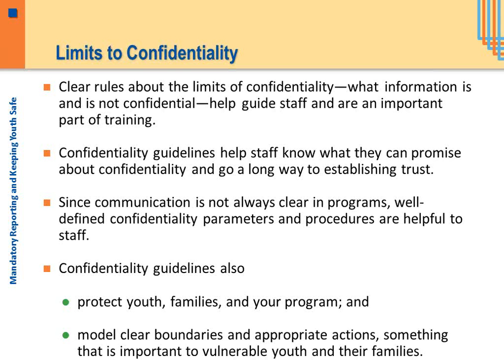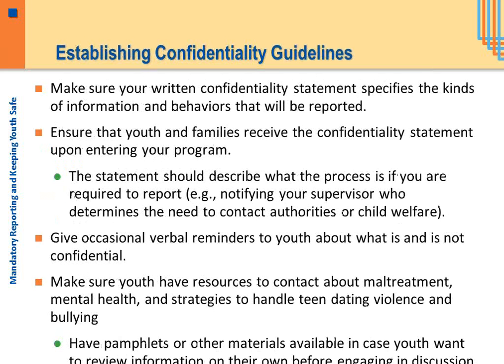Ultimately, it protects the youth, the families, and your program. And it models you creating clear boundaries and your interest in their safety as part of your work. Make sure your written confidentiality statements specify the kinds of behavior that will be reported.